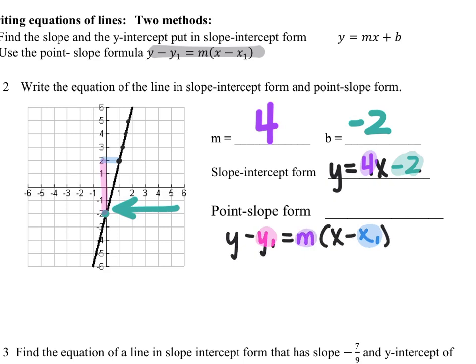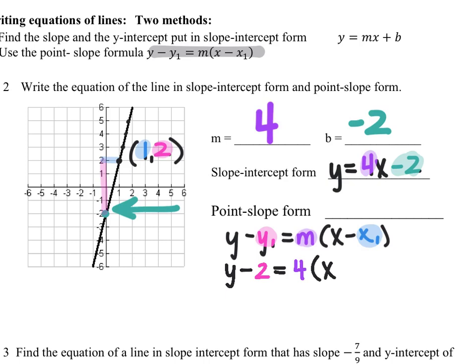So I'm going to use the point 1, 2, that other lattice point that we found on the graph, to substitute into my point slope formula. So I'm going to substitute 2 in place of y1 and 1 in place of x1. Now the variables that are still in the black ink are not going to change. Those are going to remain in the formula as y and x while we substitute numeric values into the other ones.